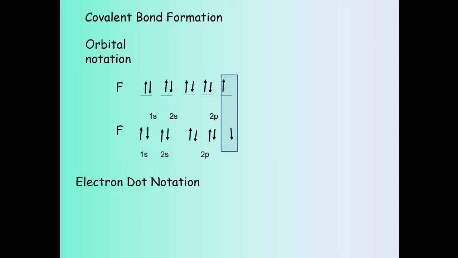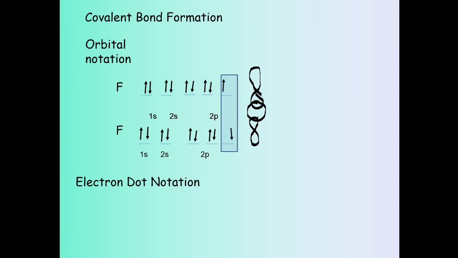And in that overlap, those electrons are going to be shared between those two atoms, completing the octet for each one of them. So here's what happens. You have a p orbital for one, you have a p orbital for the other. And they're going to overlap, just like we have here. And that's what is forming the bond.